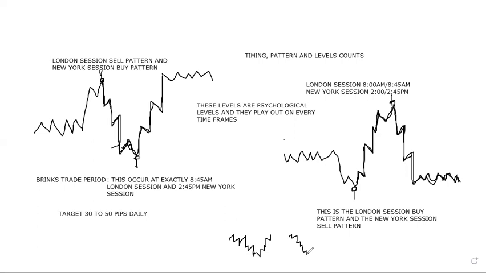Then during the other session, if you continue, it gives you something like this formation, then it continues moving down. Do you get what I'm saying? Even in the New York session, it keeps on moving down. And you do see that these patterns actually played out.